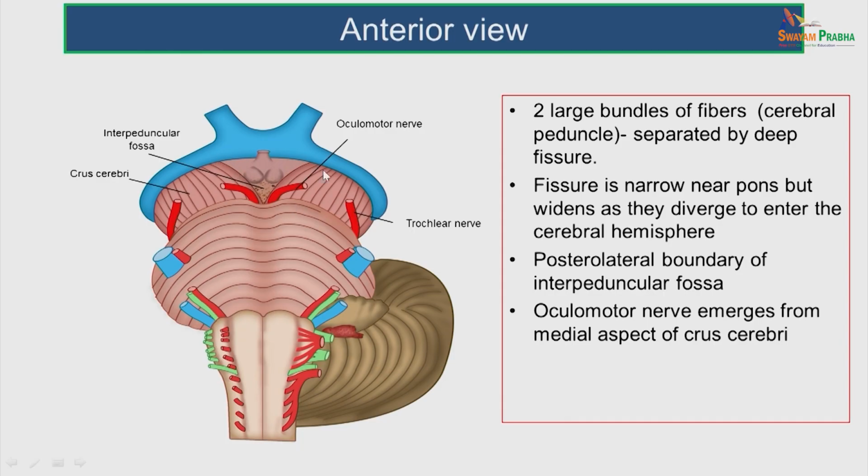The crus cerebri, or cerebral peduncle, forms the posterolateral boundary of the interpeduncular fossa, a space at the base of the brain. On the medial aspect of the peduncles the oculomotor nerve emerges, and on the lateral aspect the trochlear nerve emerges.